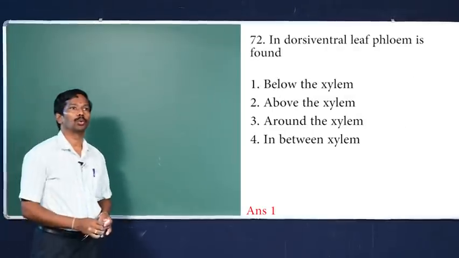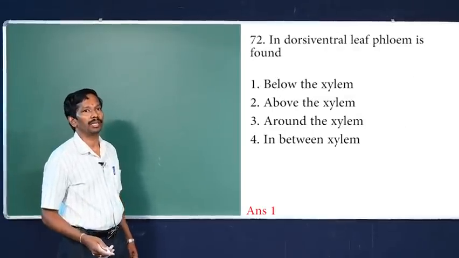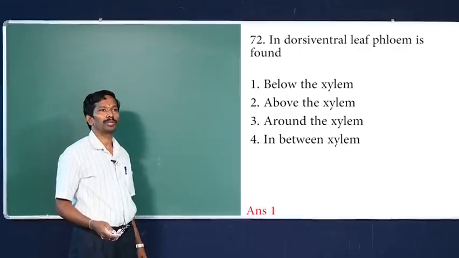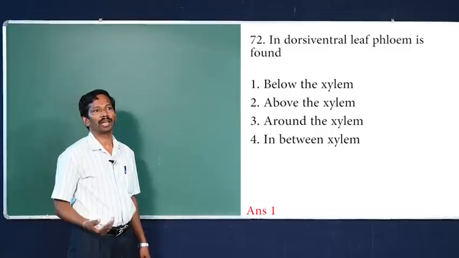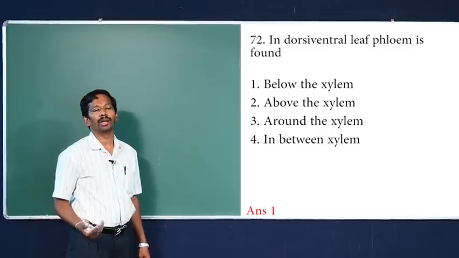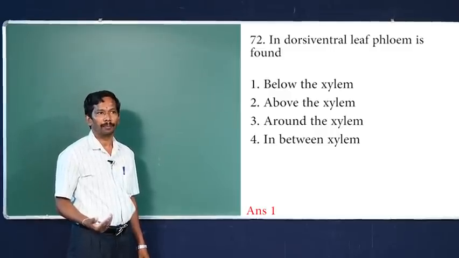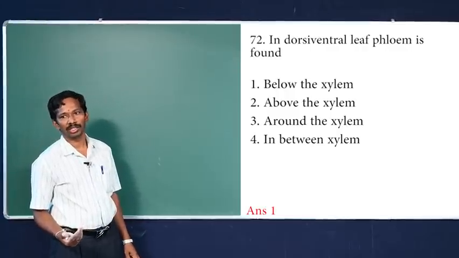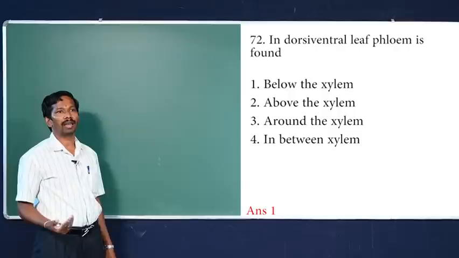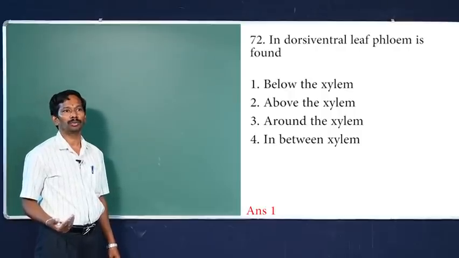Question number 72. In dorsiventral leaf, phloem is found, first option between xylem, second option above the xylem, third option around the xylem, and fourth option in between xylem. So answer should always be 1, either in dorsiventral leaf or isobilateral leaf, that is dicot or monocot leaves.